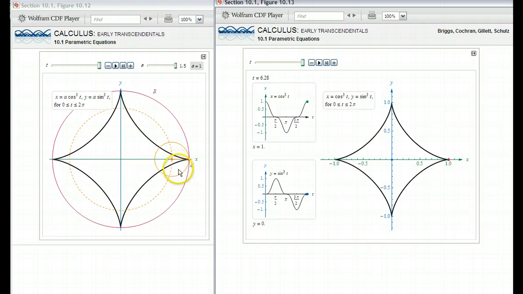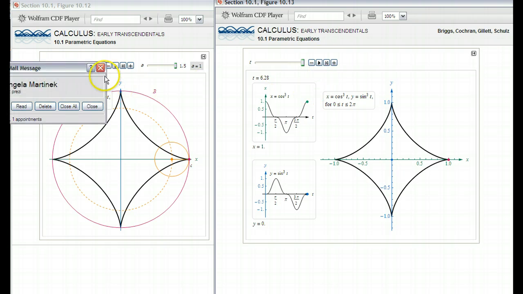Our other animation from the Wolfram player allows us to see how this asteroid is generated without the use of the circles, but relying directly upon the parametric equations. These smaller graphs show how the ordered pairs are being produced, how the value of x is produced as t varies between 0 and 2 pi, and how the value of y is produced as t varies between 0 and 2 pi.